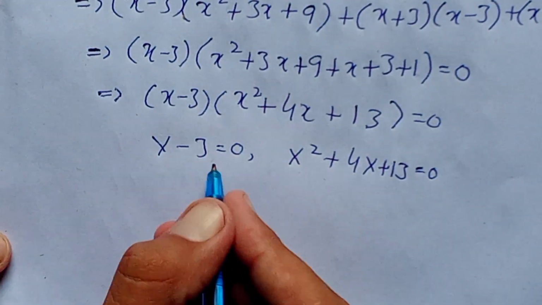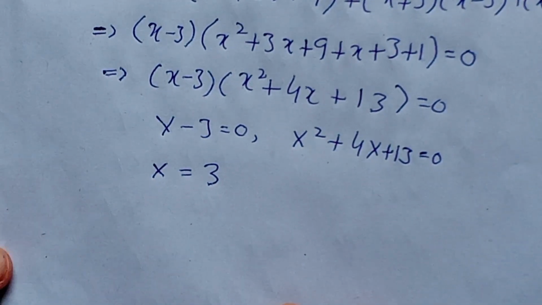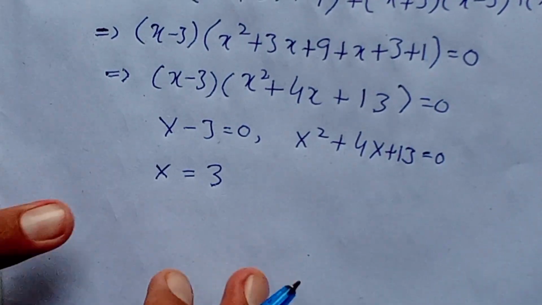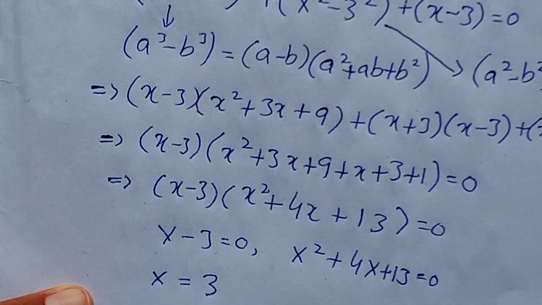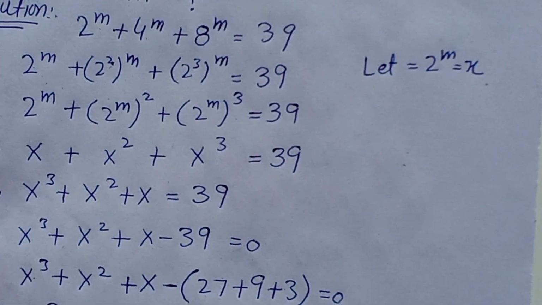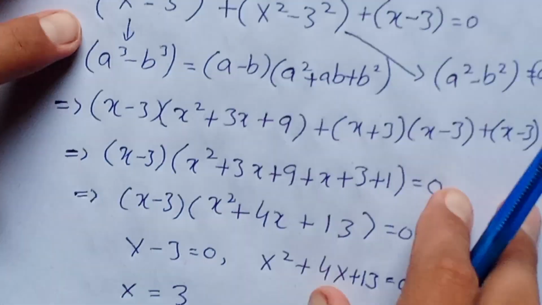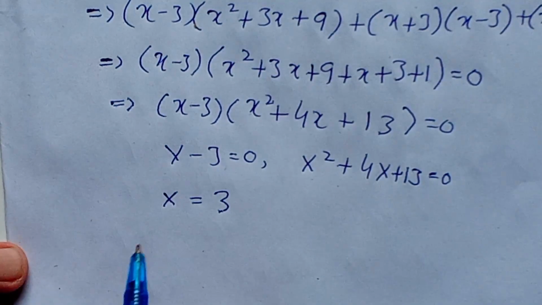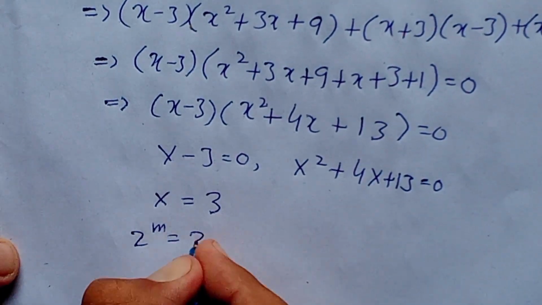Now x minus 3 equal to 0 gives x is equal to 3. We supposed before that 2 to the power m is equal to x, so 2 to the power m is equal to 3.